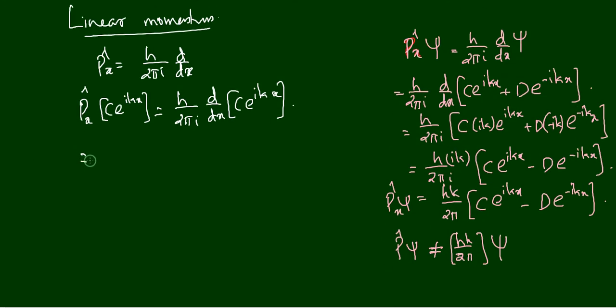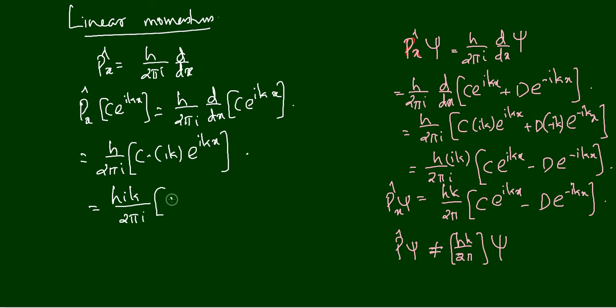What is the result? That is equal to h divided by 2 pi i into d by dx of this, which is c into ik into e raised to ikx. So I can write it as h into ik divided by 2 pi i into c e raised to ikx.